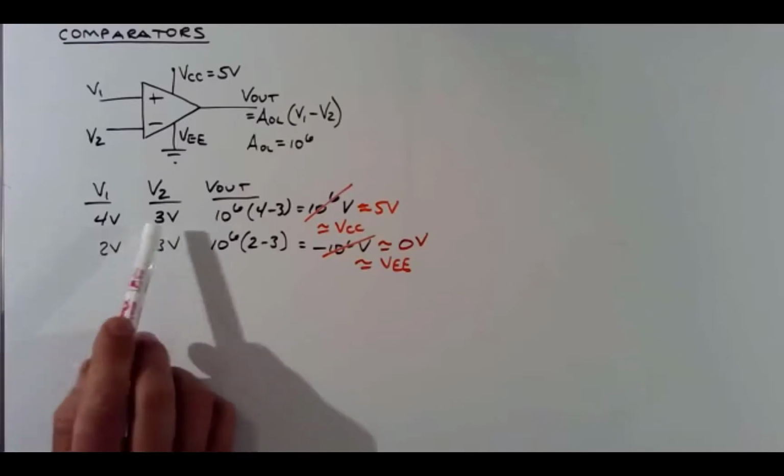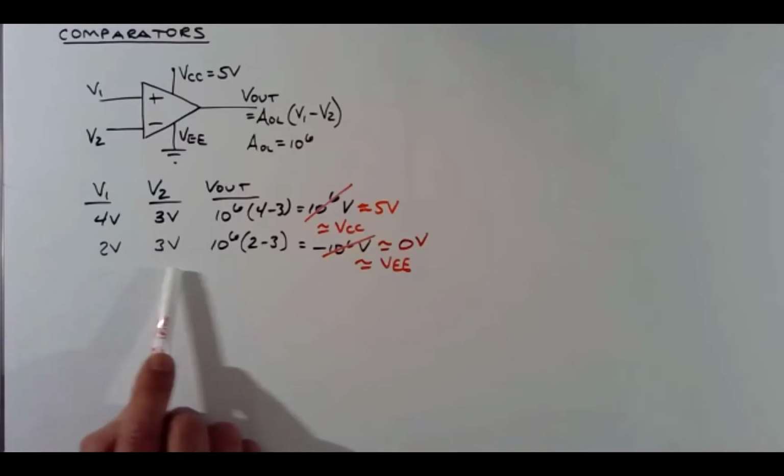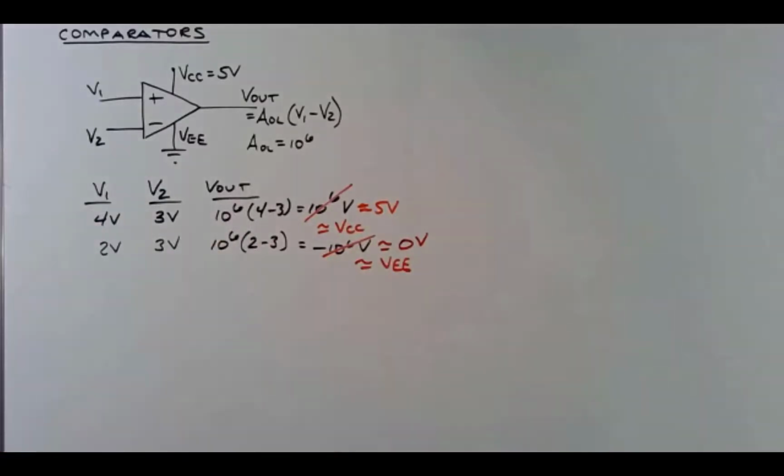So usually your differences in voltages are on the order of millivolts, and if the differences are on the order of millivolts, then this holds true: you're actually comparing two voltages, even if they're different by only a few millivolts. This comparator would work.